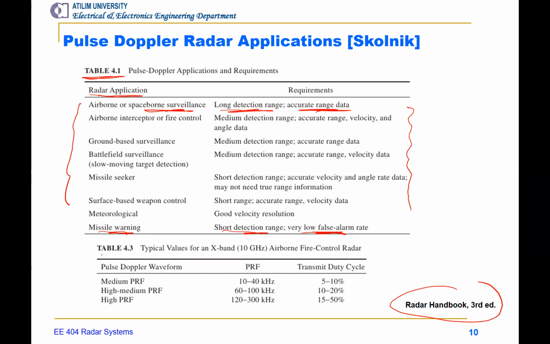In table 4.3, we have X-band airborne fire control radar. It's PRF and duty cycle. You can see for medium PRF, high PRF, and high medium PRF and high PRF, which means that here we talk about both pulse Doppler radar and MTI radar.